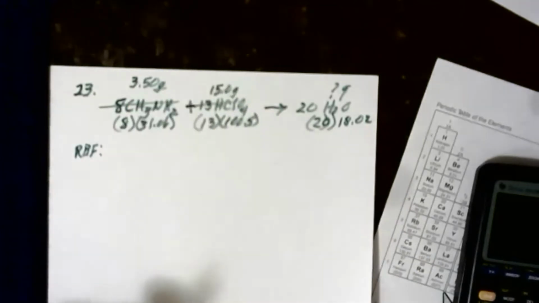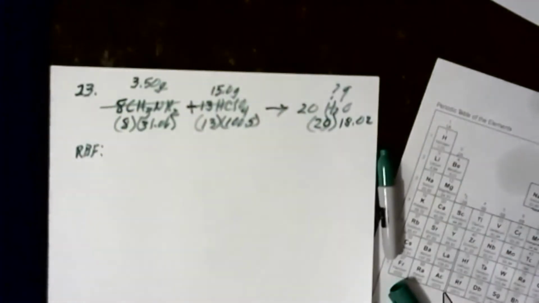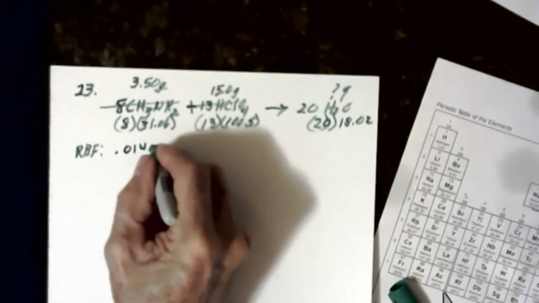I'm going to do the first one first and see what we get. We take 3.5 and divide it by 8 and divide it by 31.06. My first rebalancing factor is 0.01408.